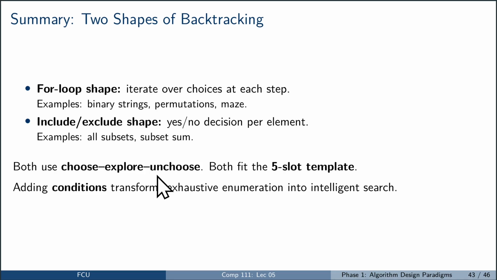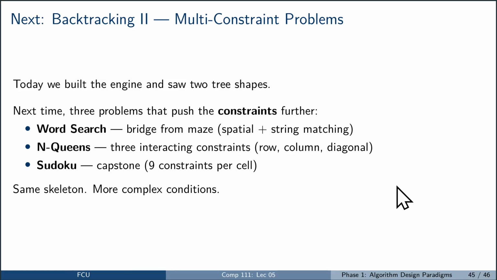And the include-exclude variant makes a yes/no decision for every single element, and the examples were all subsets and subset sum problems that we saw. Even though these 2 variants are a little bit different from each other, overall the template is pretty much identical under the hood.